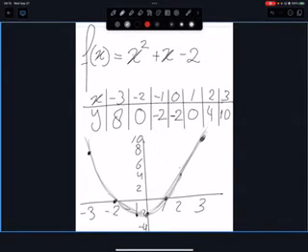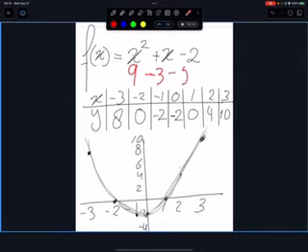Wait, so minus 3. Minus 3 squared minus 3 minus 2. This is 9 minus 3. Oh wait, is it 8? One second. This is minus 5.